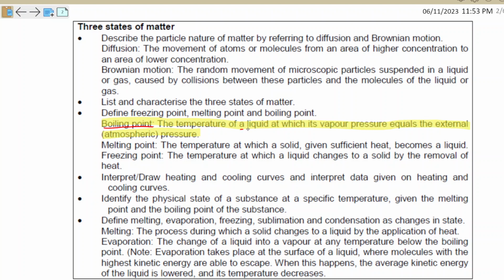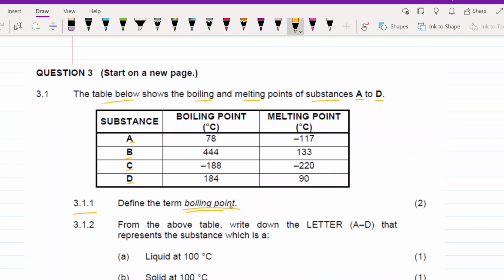So the vapor pressure is equal to atmospheric pressure. Yeah, so that is the definition that they are looking for. So that's a boiling point.